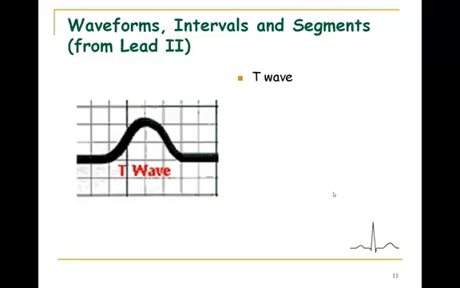This is something that's very confusing for a lot of students, and I don't blame you. Some of you may have already asked the question, why is the T wave upright? Why is it not a downward deflection normally?